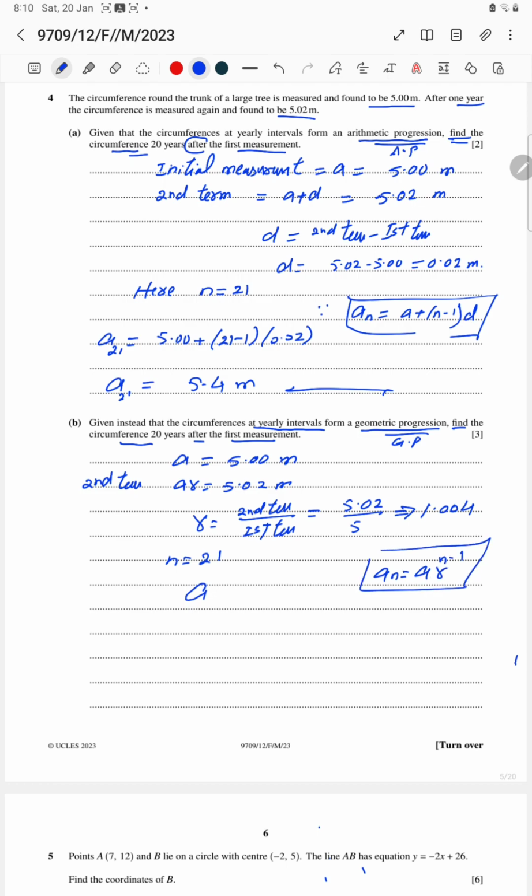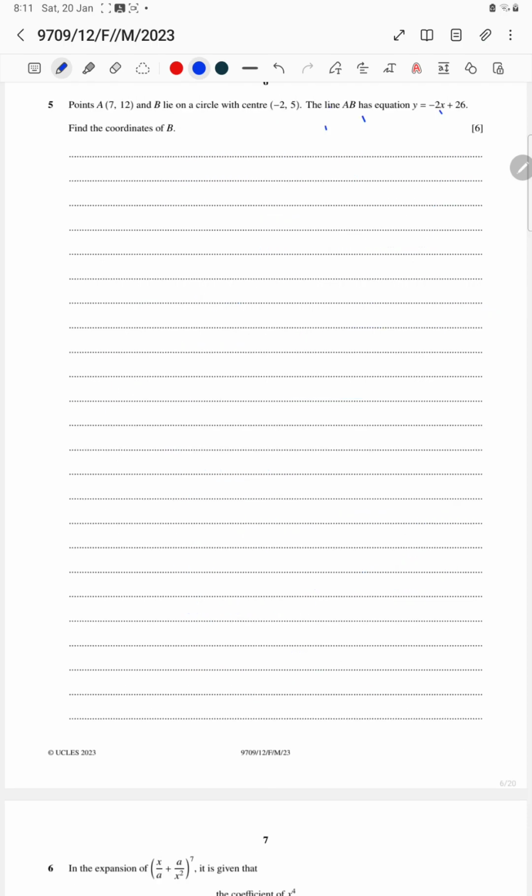So the 21st term is equal to what? a is 5.00, r is 1.004, power 21 minus 1. With the help of a calculator, once you solve it, we will get 5.4152 meters. That is the final result. I hope you got it.